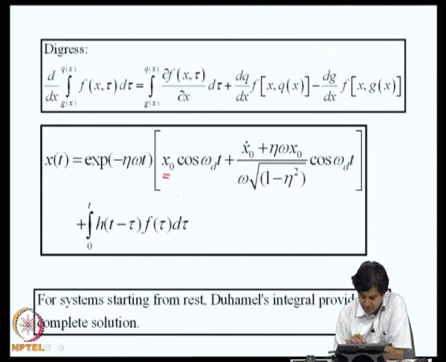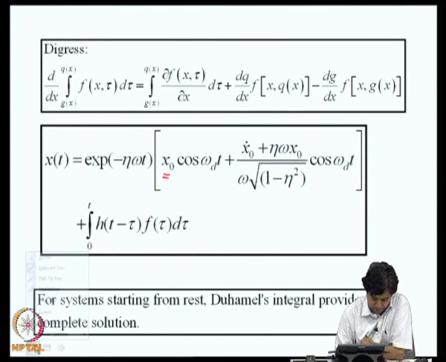Now, if you carefully look at this solution, if the system starts from rest, that is x naught equal to 0, so this is 0 and this is 0, and x naught dot equal to 0, the solution is given by the Duhamel integral.